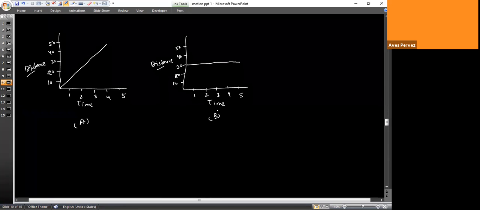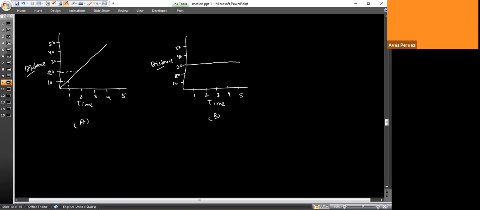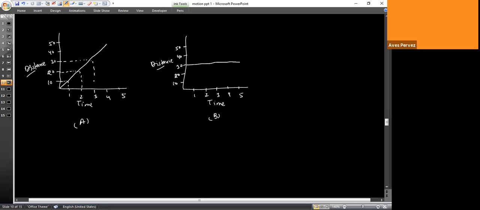You can take as much time as you want. I'm asking, dear student, we have two graphs on the screen right now. Let me know which graph is indicating the uniform motion.